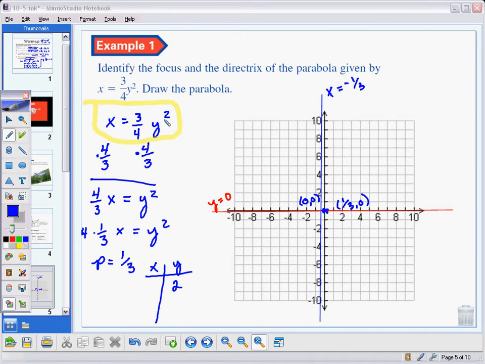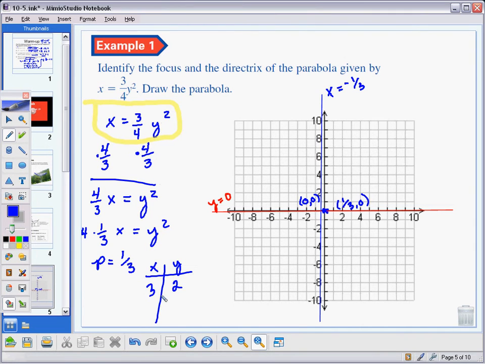So 2 squared is 4, times 3/4 gives me 3. Okay, so I'll have the point (3, 2), another point on my parabola.